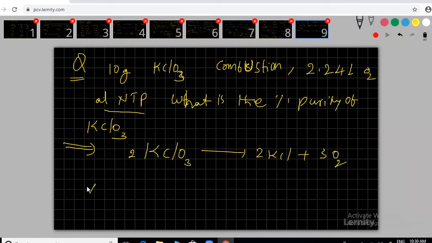Percentage purity is weight by W total into 100, nothing but weight by weight percent.